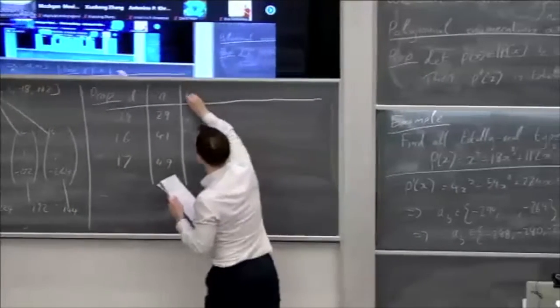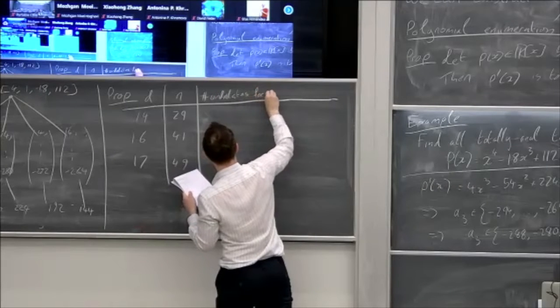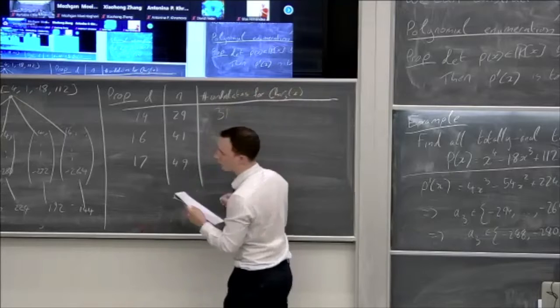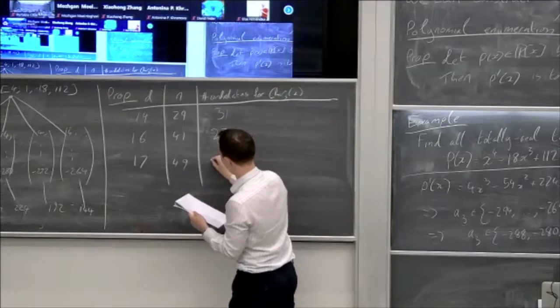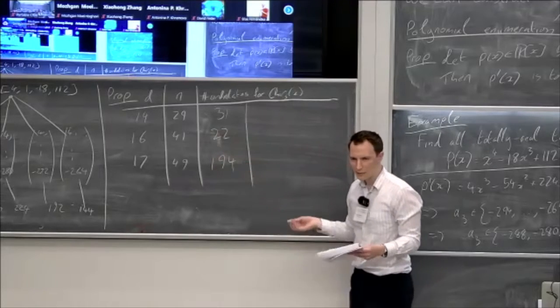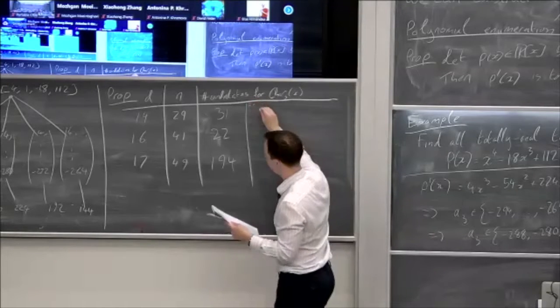And here I'll just tell you the number of candidates I get for the characteristic polynomial. So the first one we get 31 candidates. Second one we get 22. And this one we get 194. And it might not be so satisfying just to see a number of candidates. So let me give you an example for each one.